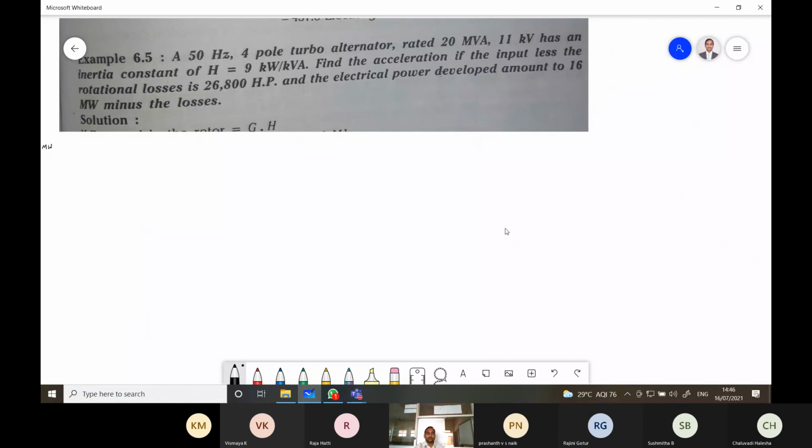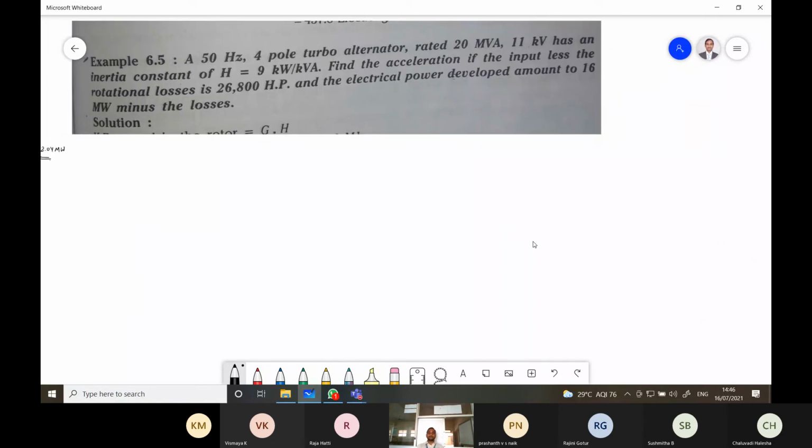A 50 Hz 4-pole turbo alternator rated 20 MVA, 11 kV has an inertia constant of H equal to 9 kilowatt per kVA. Find the acceleration if the input less the rotational losses is 26,800 HP and the electrical power developed amounts to 16 megawatt minus the losses.